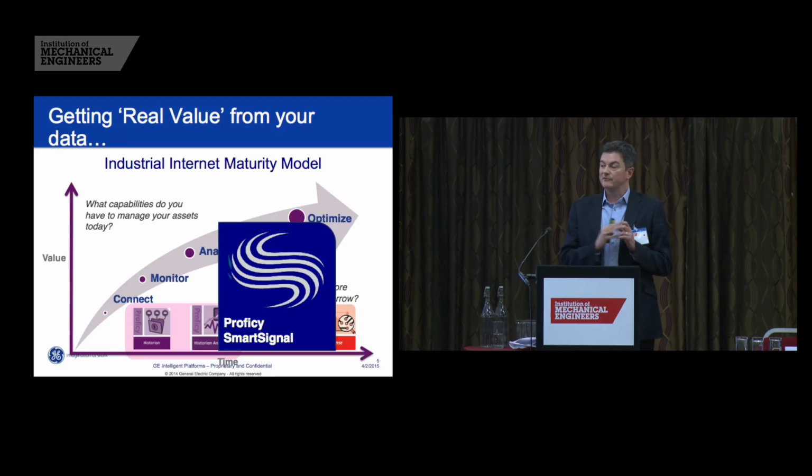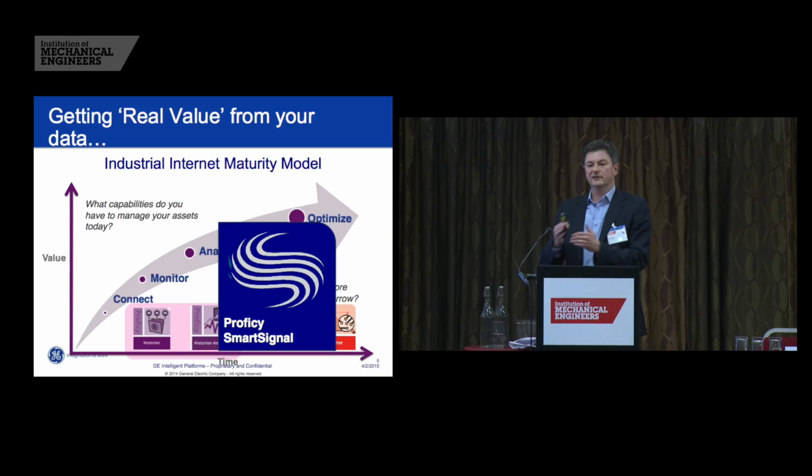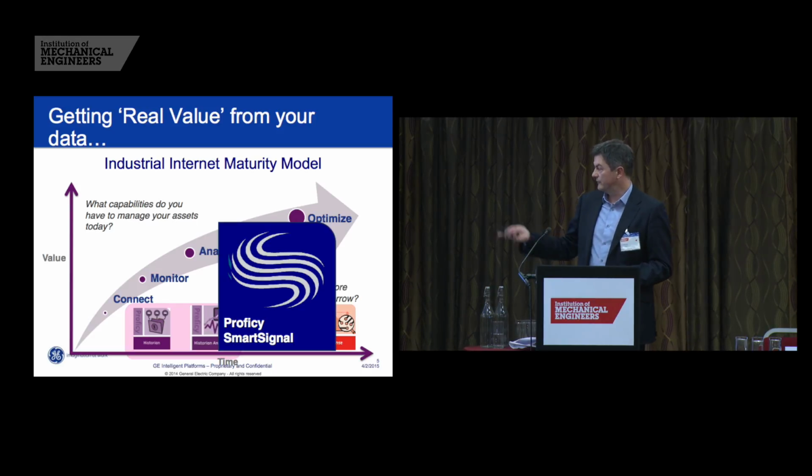What we find in the power industry in the UK in particular is most people have a Pi historian, so we can sit on top of your Pi historian and utilize your existing data. We're then looking to provide functionality to analyze your data, and the predict and optimize is the SmartSignal piece, along with additional visualization that we have. But today we're here just to focus on the SmartSignal piece.